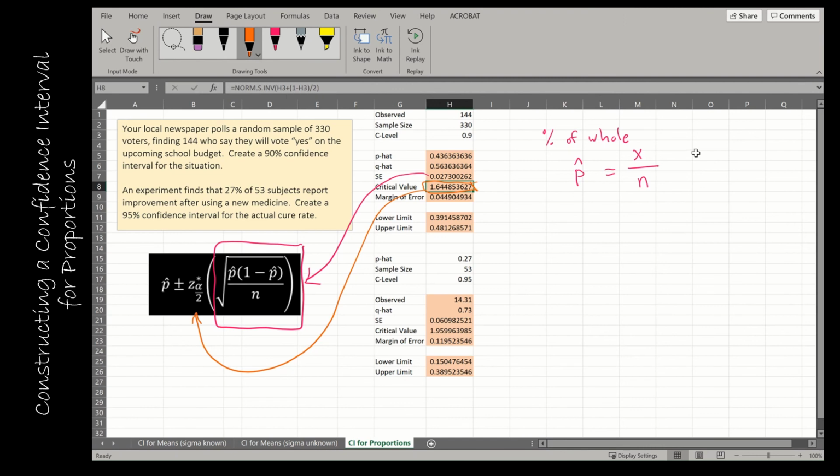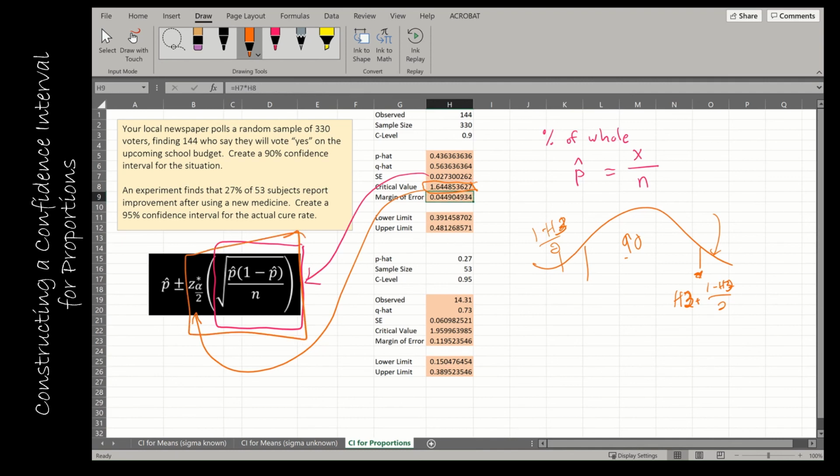If my confidence level was 90%, then that means there's 5% here, which is 1 minus H3 divided by 2. And then this value right here would be H3 plus 1 minus H3 divided by 2. So that's what I did.